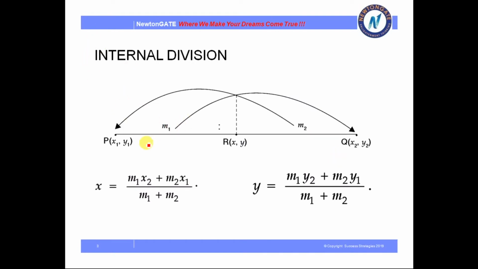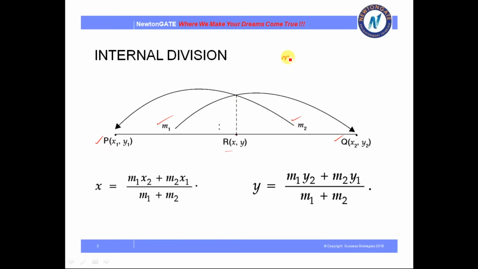Internal division, the formula, this is the line joining P and Q. P and Q are two extreme points of the line, and R is the section which cuts the line in the ratio M1 is to M2.